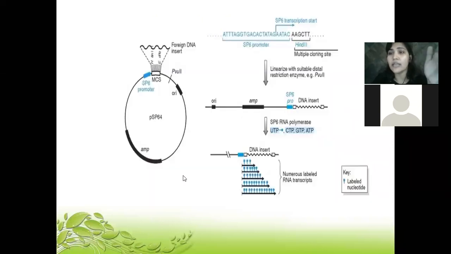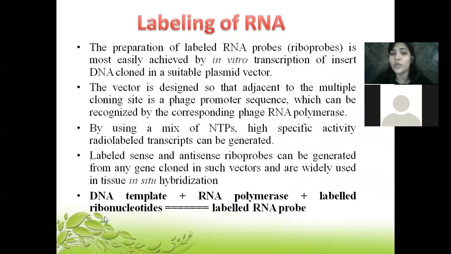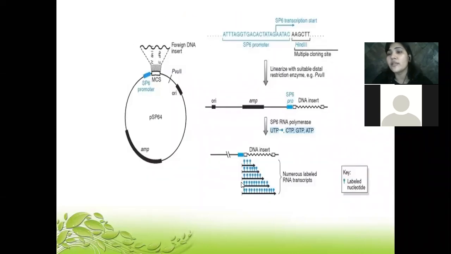So it's just that with the help of the vector, where the DNA of interest is inserted, with the help of that DNA, you will be generating numerous labeled RNA transcripts, which will be labeled because the ribonucleotides that you are going to use are labeled.